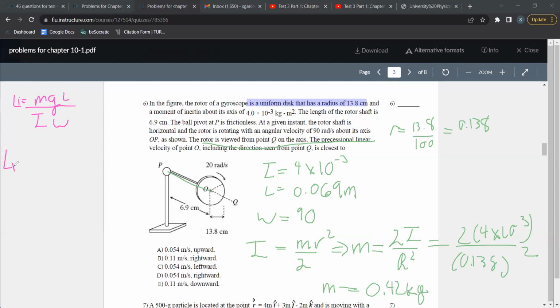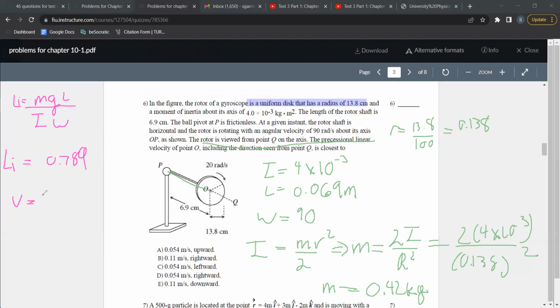Now, if we stack that all up together, I'm not going to write all that down. I'm just going to calculate this really quickly. 0.789.